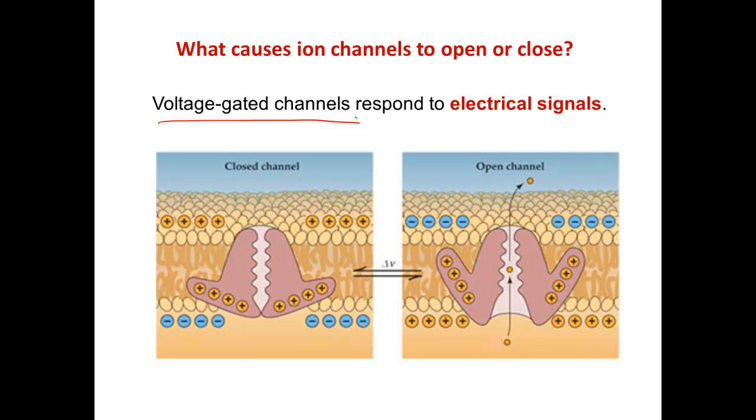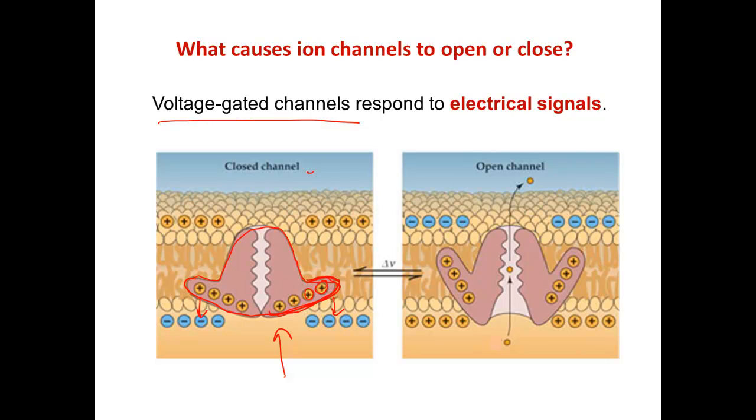In this case, there is a channel, and you see it over here. So this big sort of pink thing that looks like a hat is a membrane protein that forms an ion channel. Okay, and notice that parts of this protein are positively charged. Since opposite charges attract one another, that means that this portion of the membrane channel protein is going to be attracted to the negative interior of this cell.